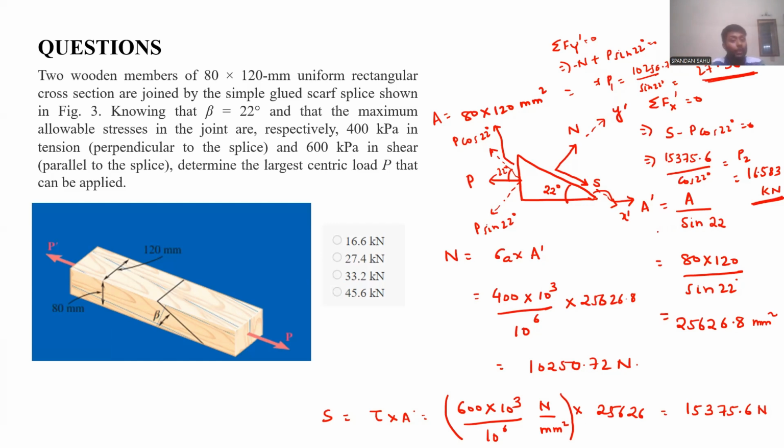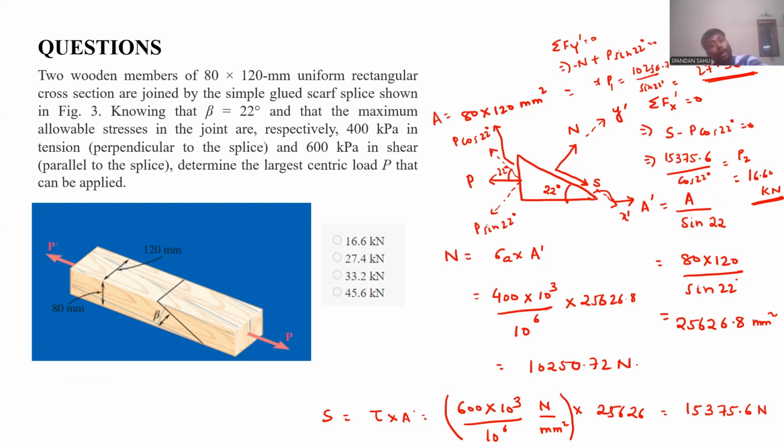So determine the largest centric load P that can be applied. If you read this, then you can directly say if we apply 27.36 kilonewton, then obviously it is failing in shear.